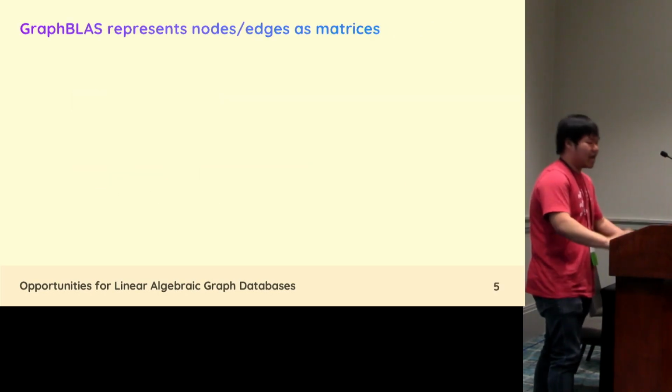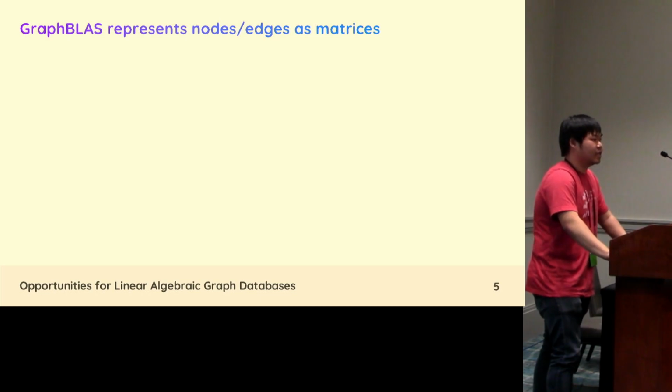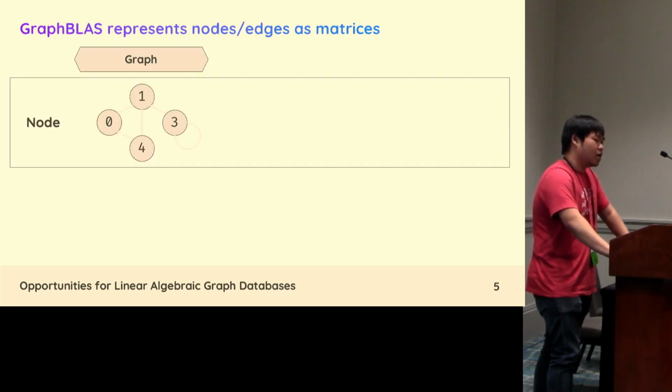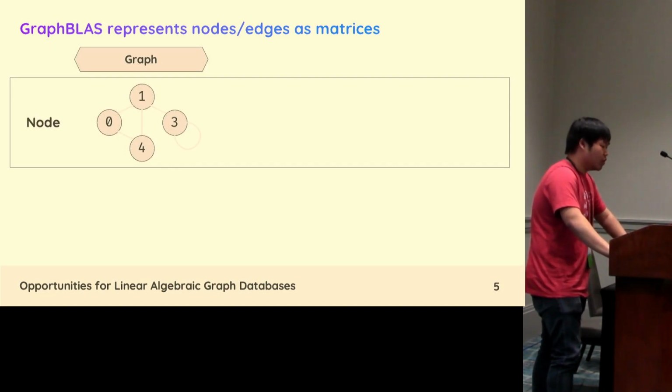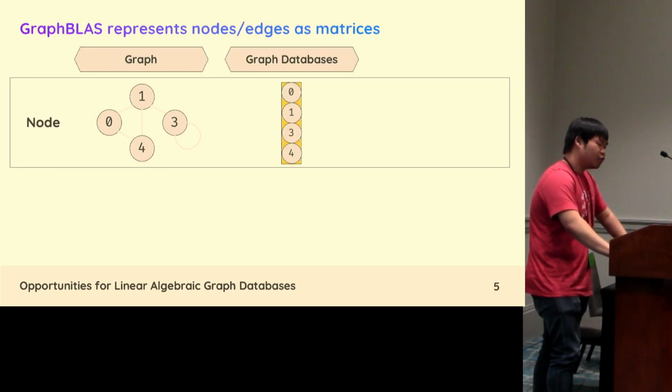To give you an idea of how data are represented using GraphBLAS, let's look at the following tables. For graphs, we can visually represent nodes as circles, inside of which we can represent node identifiers. For graph databases, we can represent a set of nodes as a node list.